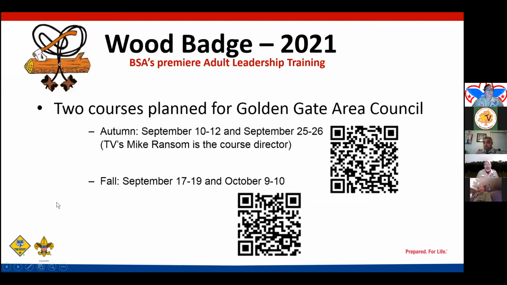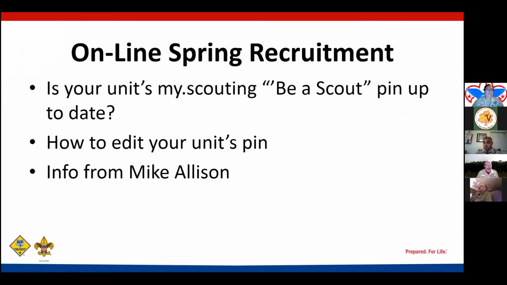Can I just interrupt for a moment? This is a question for Matt. Even if you update your Be a Scout pin, Be a Scout is still wonky. Is there any plan on fixing that? If I search for a troop in 94588 in Pleasanton, the first one is in Dublin.